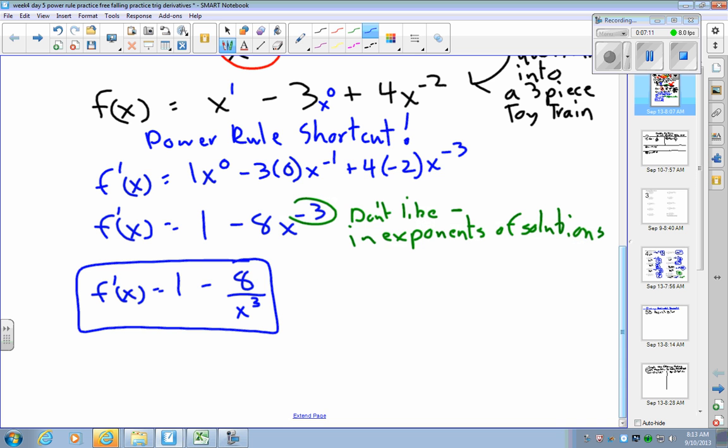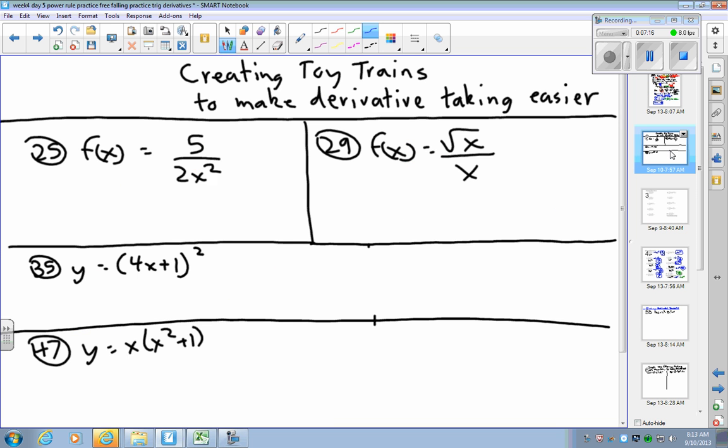Okay? Now, there were 4 more problems that I felt involved this whole idea of creating toy trains. Okay? 25 and 29, again, you had a quotient. You can't handle quotients. So these are quotients, and you don't know how to take derivatives of quotients yet.